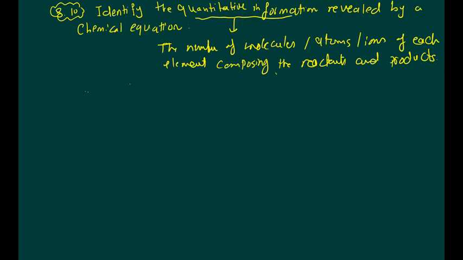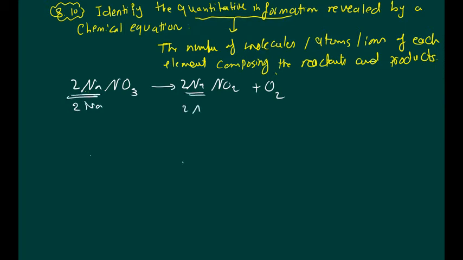Let's take an example that we have just done. NaNO3 gives NaNO2 plus O2. Here is the balanced chemical equation. You should be able to say that there are 2 sodium atoms here and 2 sodium atoms there.